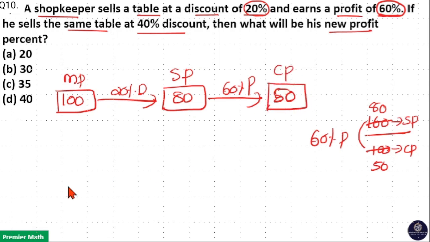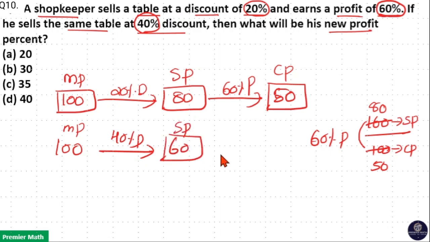Now we got cost price, which means if he sells the same table at 40% discount, we need to find out the profit. That is 100 rupees is the marked price, and if he give 40% discount, 100 minus 40, 60 rupees is the selling price. And we already know cost price is 50.